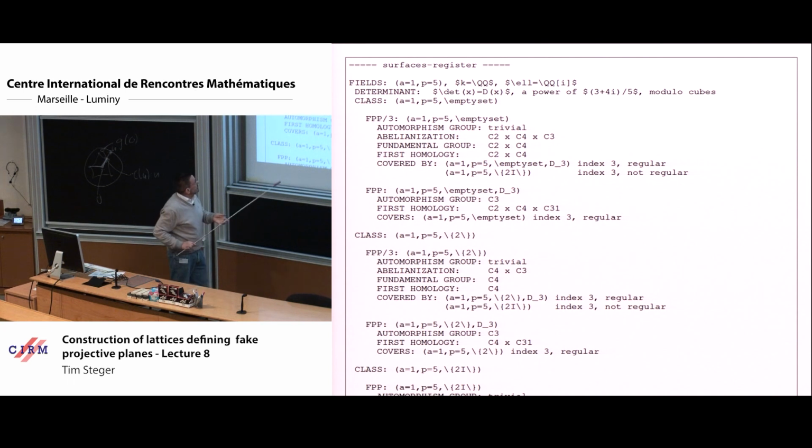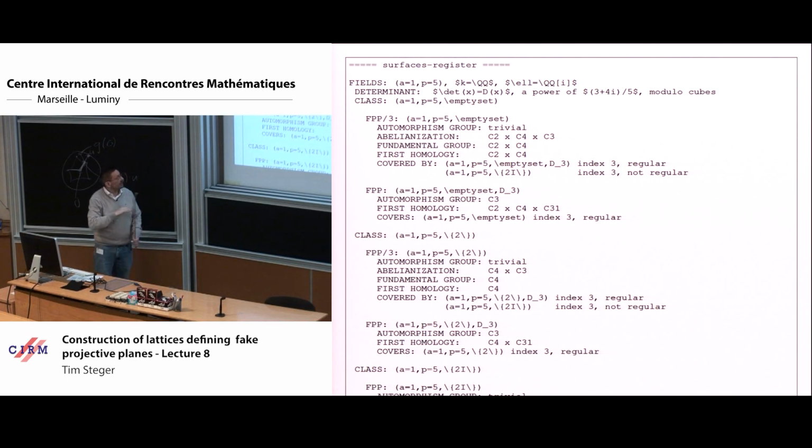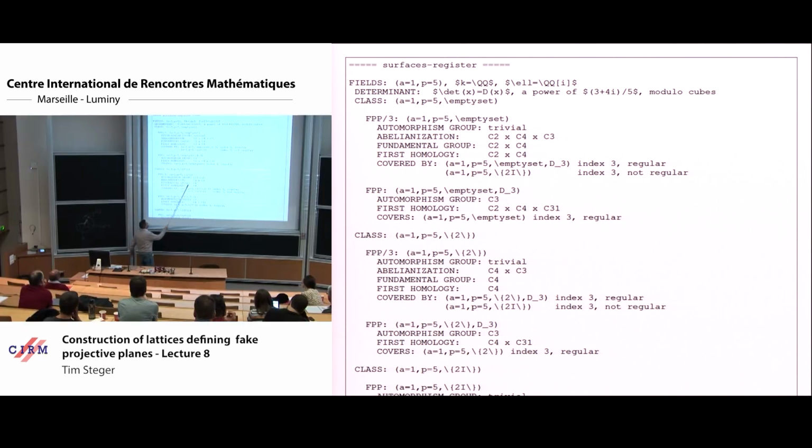Again, with fairly, perfectly doable group theory calculations, we discover that the automorphism group of this is trivial. We've calculated the abelianization of the corresponding group, which is not exactly the fundamental group of the manifold, because this thing has singularities, but the group which is acting in the ball has an abelianization. It has been calculated. I'm not sure exactly what that means for any sort of geometry, but it's easy to calculate, so it's calculated.